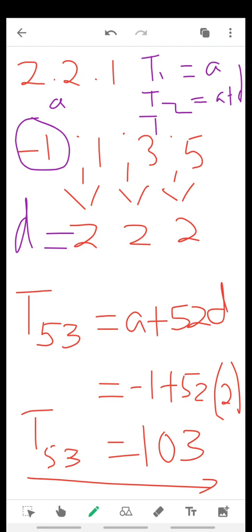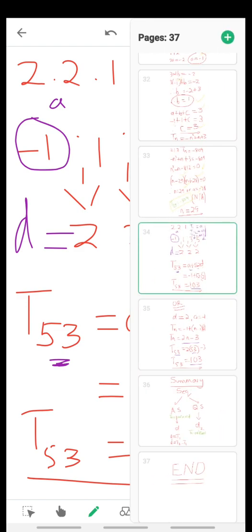T3 will be equal to A plus 2D. Notice, the D is always less by 1 compared to what you wrote here. So that is why I said T53 equals the first term plus 52D. Therefore, I substituted A and D, and I got the same answer. Very, very important. Well done.